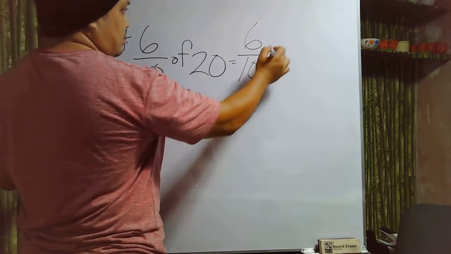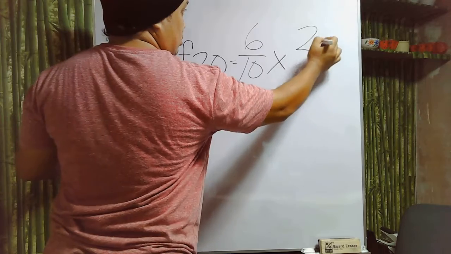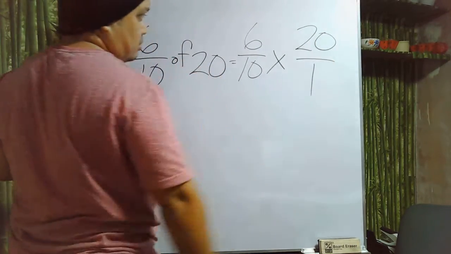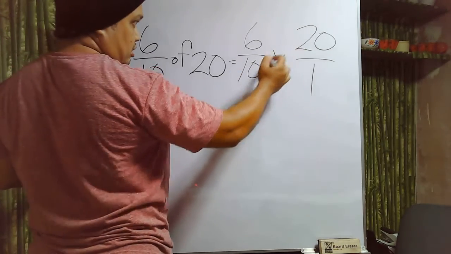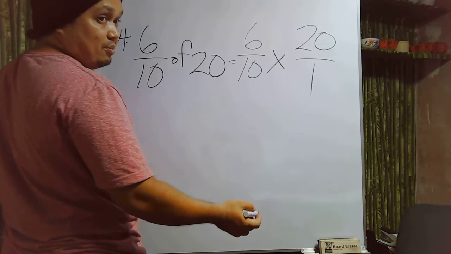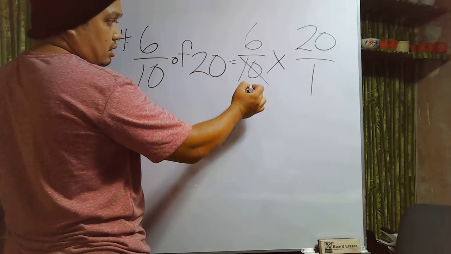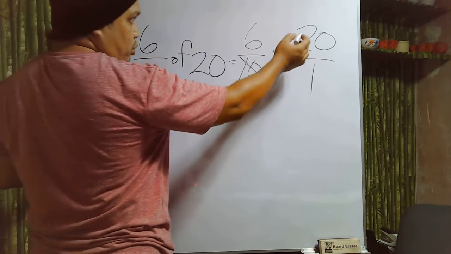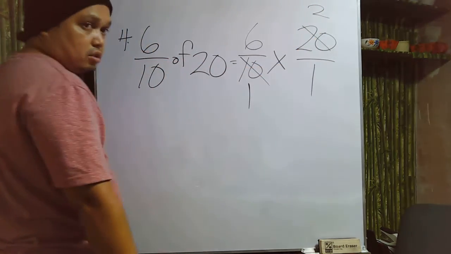"Of" will become multiplying, and the fraction form of 20 is 20 over 1. To answer this quickly, let's use the cancellation method. You can cancel 10 and 20 by dividing them both by 10. Now 10 divided by 10 is 1, and 20 divided by 10 is 2.